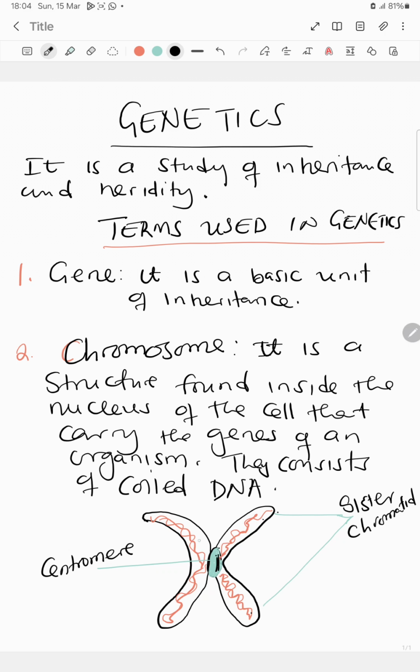Then the coiling inside here is the one we call DNA. That's why we're saying they consist of coiled DNA inside. Unfortunately, there is no brother chromatid, there's only sister chromatid.